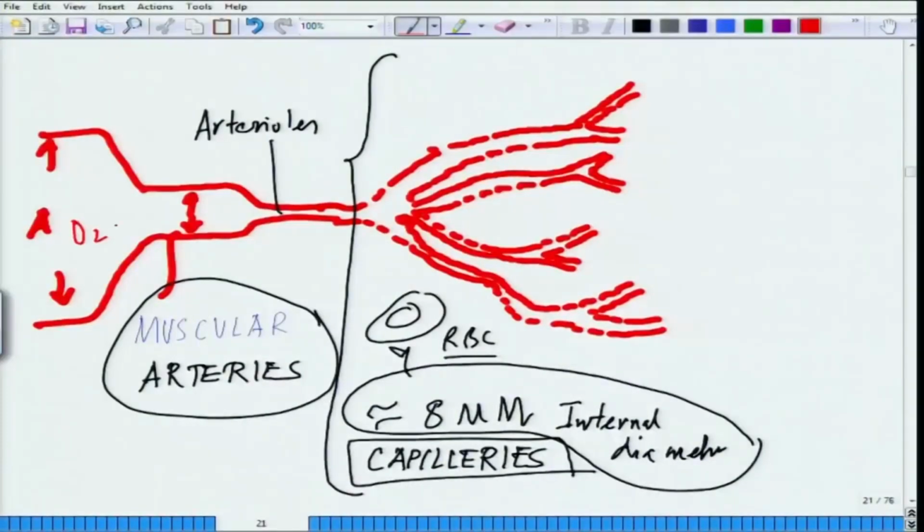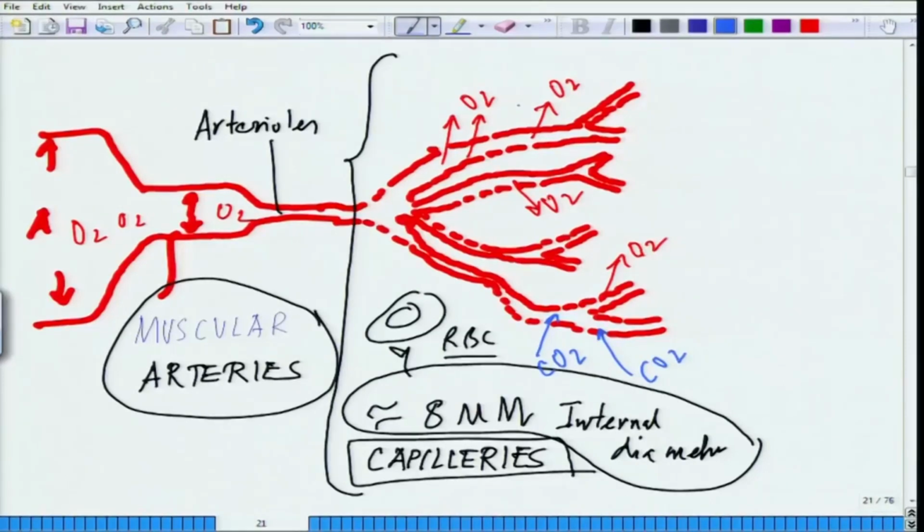So, this is the zone where all this oxygenated blood which is coming all along, this is all oxygen rich blood which is traveling through. Here basically all the oxygen is delivered to all the different cells and tissues. We will talk in depth about this structure. And this is where the blood picks up the CO2, carbon dioxide from these cells.